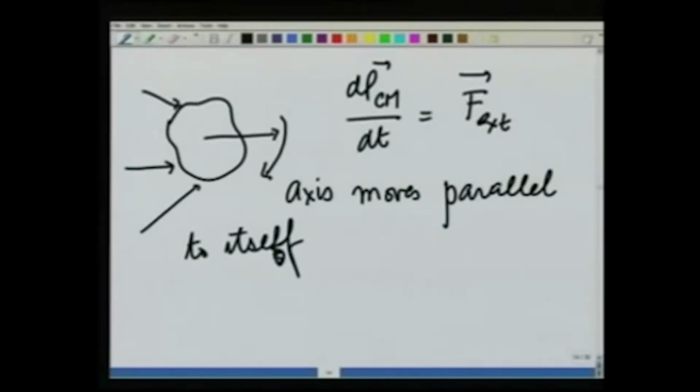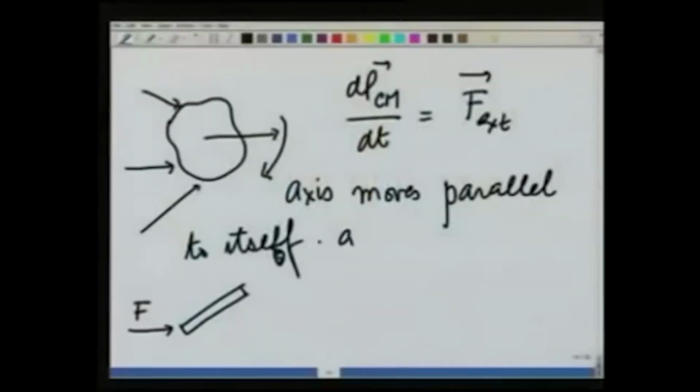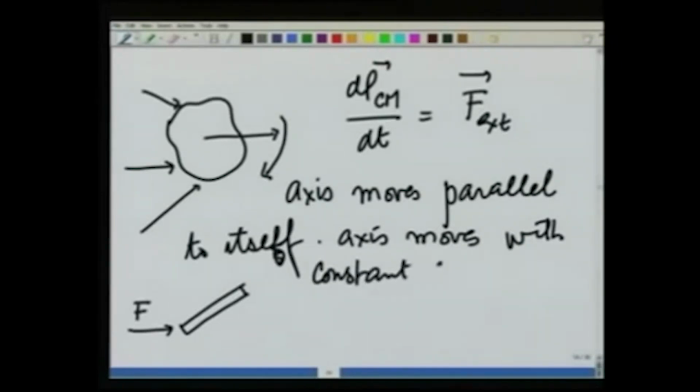For example, it could be a rod on a horizontal table being hit by a force here, then the axis would move parallel to itself, the axis would be perpendicular to the table, and also the axis moves with constant speed or could accelerate.